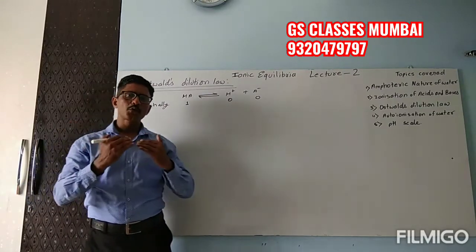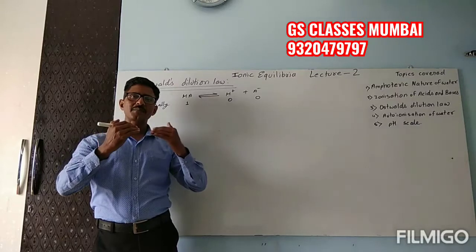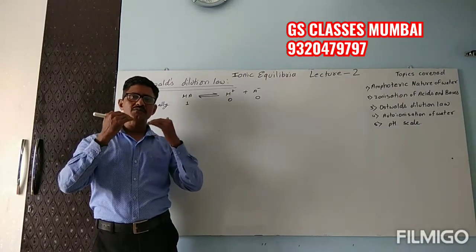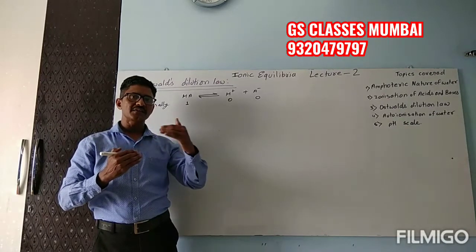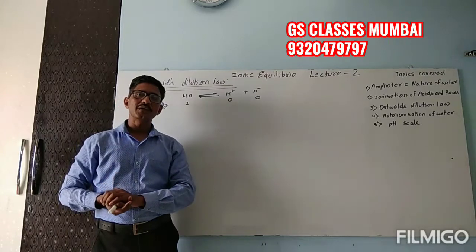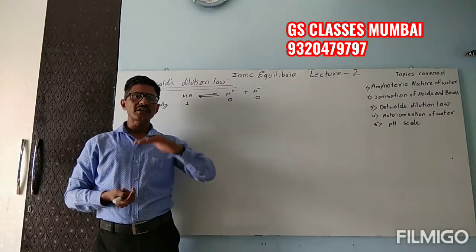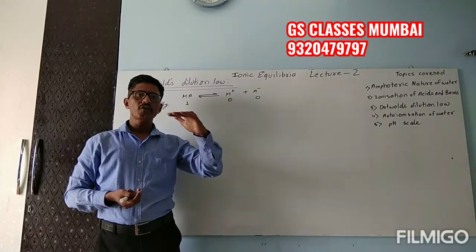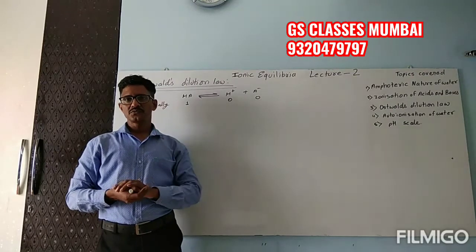As the reaction progresses, slowly H plus ion, A minus ion will start forming. Their number will start increasing. And then comes a stage of equilibrium. The number has now reached a stage where we are not finding any change.